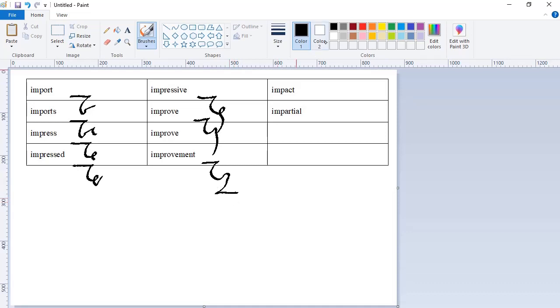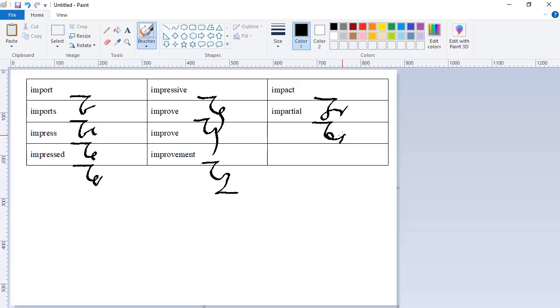Okay? Next, impact. We have M-P-A-K-T, impact. Next, impartial. So we have M-P-A-R, and then yung ating shall, which is represented by your SH stroke. Okay? So yan yung mga emo words natin.